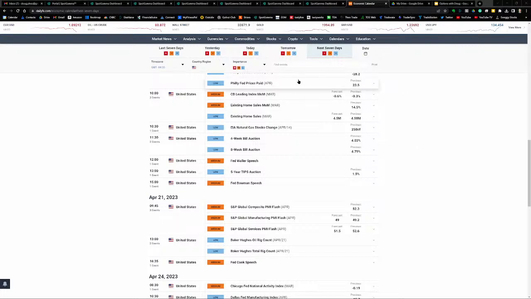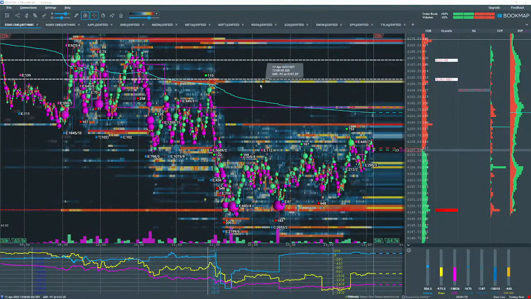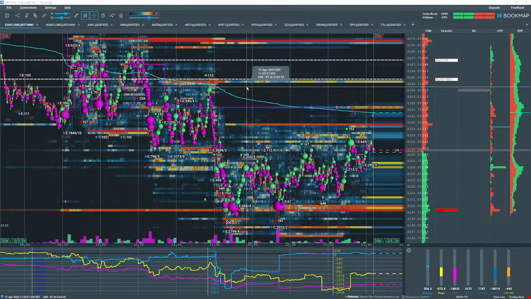All right, let's talk about positional analysis now. And I'm going to go look at Bookmap. And this is showing key levels as well as order flow, again in Bookmap for the S&P 500 futures.